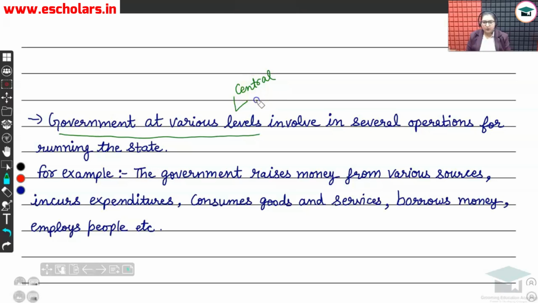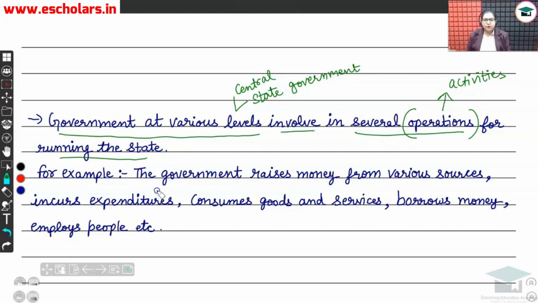Central and state governments involved in doing several operations. That is, central government and state government performs various operations, or you can say performs various activities in order to run the state and country.